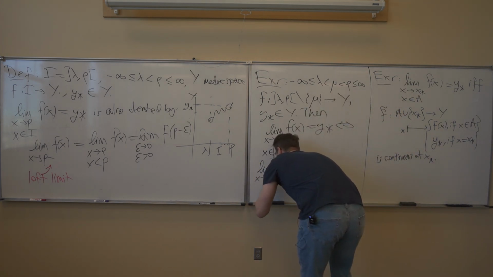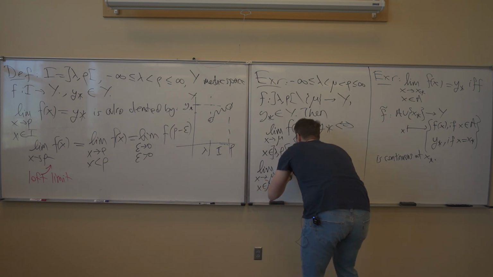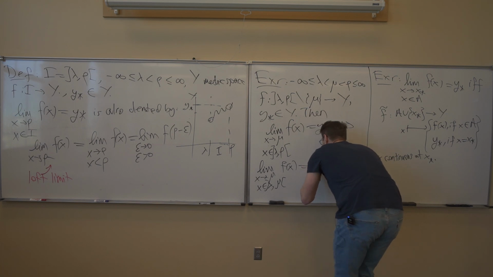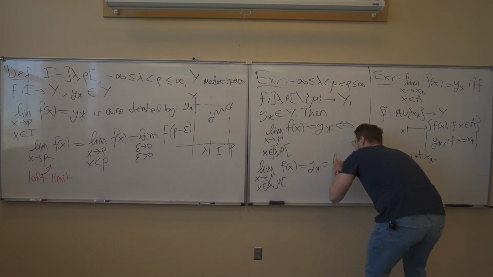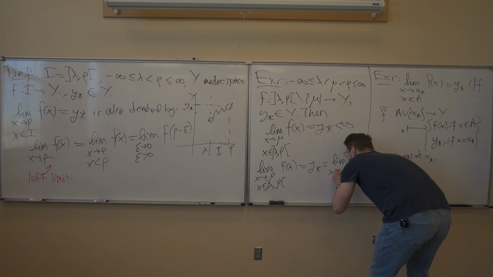So as x goes to mu, x in lambda mu, f of x equals y star, which is equal to the limit of f as x goes to mu, where x varies in mu rho.